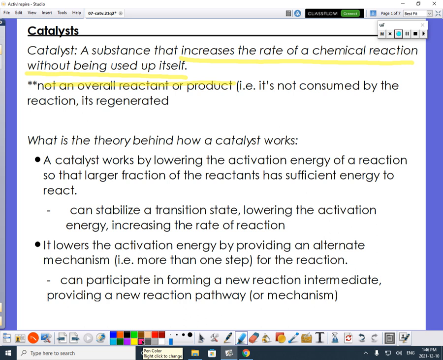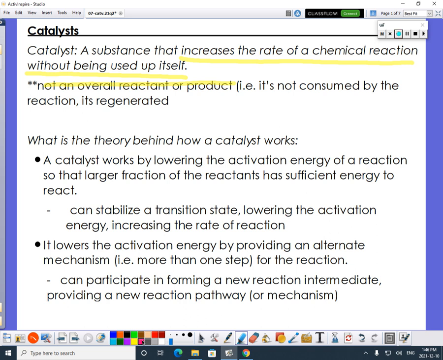Catalytic converter in your car, even though the combustion reactions inside our car is not great, it would be even worse if we did not have catalytic converters. Our bodies use enzymes. We could not survive and process food into energy fast enough, that kind of thing, okay?